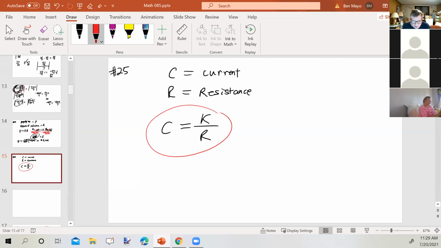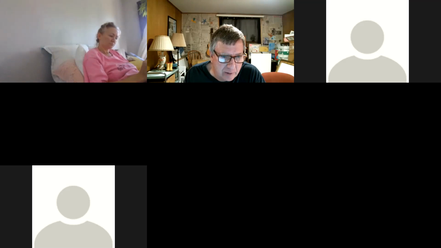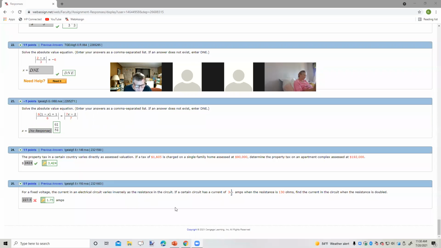Now let's go back to the WebAssign page. Problem 25 says, if a certain circuit has a current of 3.5 amps, then 3.5 amps is going to go in the place of C, because that was the current.